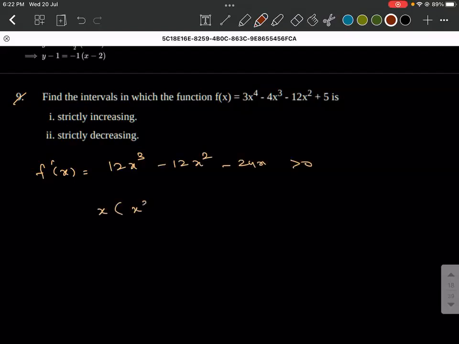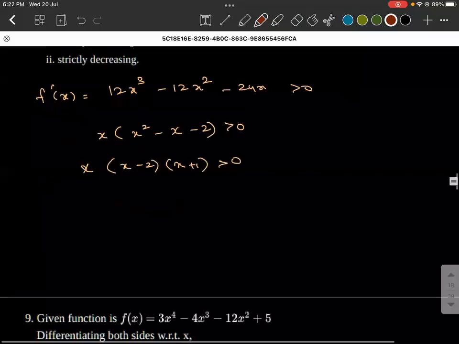If I take x outside, x into x square minus x minus 2. Can I write this as x into x minus 2 into x plus 1 greater than 0? Now use the wavy curve method.